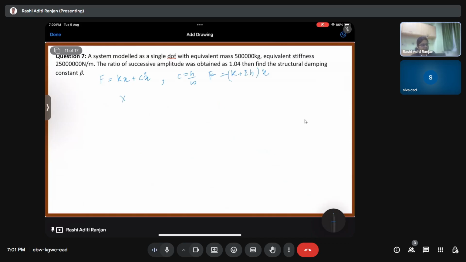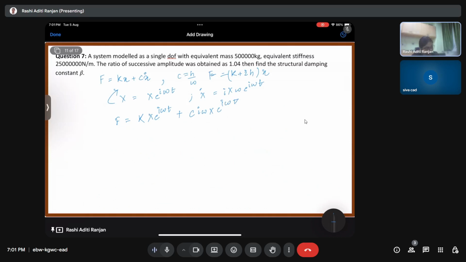So it was like x was something like x e to the power i omega t. So we obtained x dot as nothing but i omega into x e to the power i omega t. So if we want to use this and write it over here, what are we going to get? We are going to get F as k x e to the power i omega t plus c i omega x e to the power i omega t.